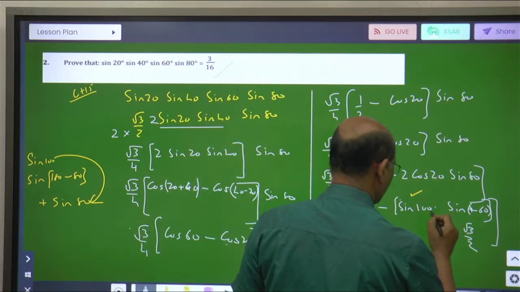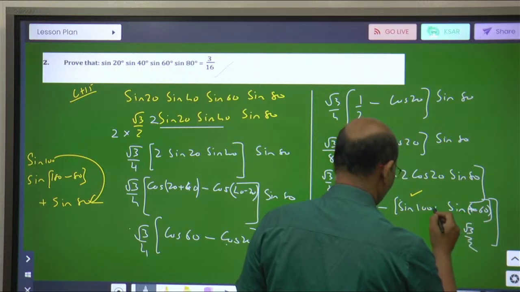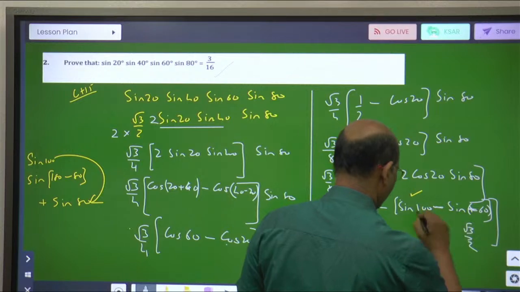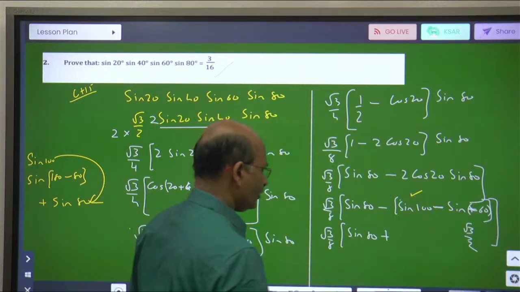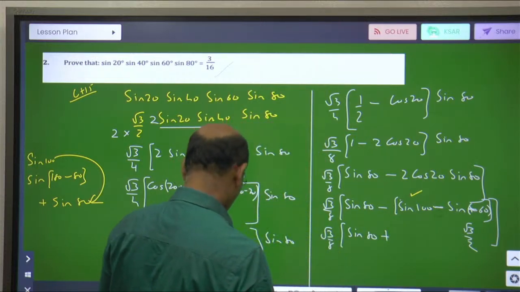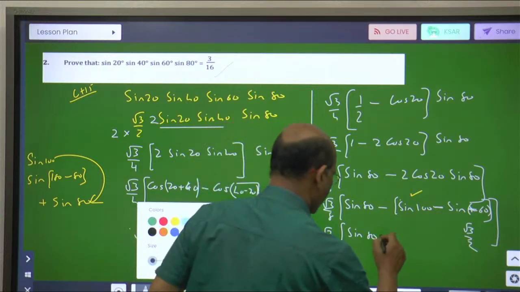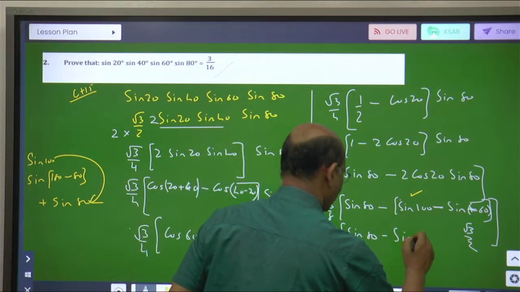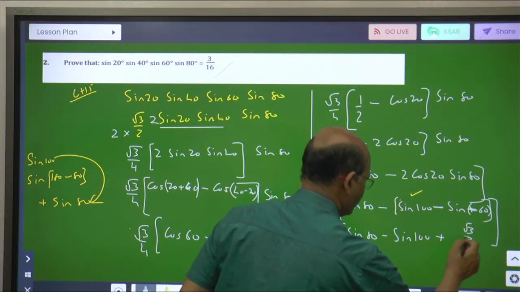It was minus here for me, okay, so this became plus minus, after I change to minus it become minus here. So once you finish with this, this will become plus or minus sin 100 now. So check the formula where we applied something fishy there, minus sin 100 plus sin 60, so plus root 3 by 2.